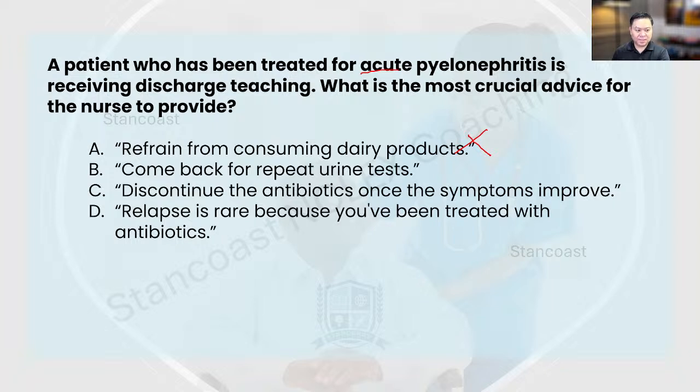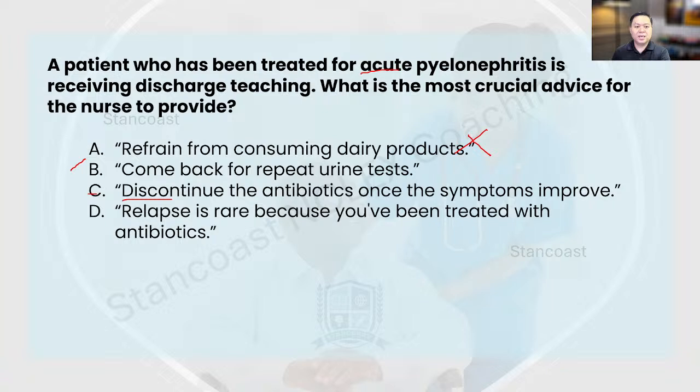So that's a possible answer. Come back for repeat urine tests. And C, discontinue the antibiotics once the symptoms improve. Oh yeah, you can eliminate this right away. We were never taught in nursing to allow the patient to stop taking their antibiotics once they feel better. Never.